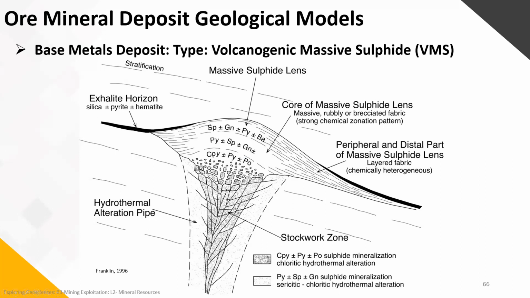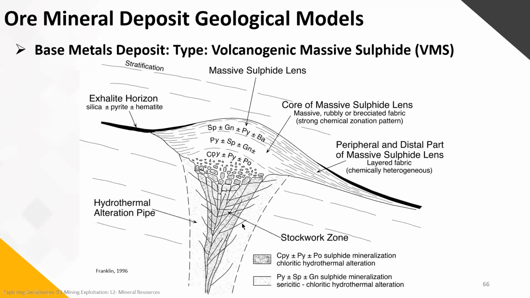It also implies the different kinds of alteration pipes that we have, the difference between the alterations if we move from sericitic to chloritic versus just chloritic. We know if we are within the distal or proximal area of our stockwork zone.